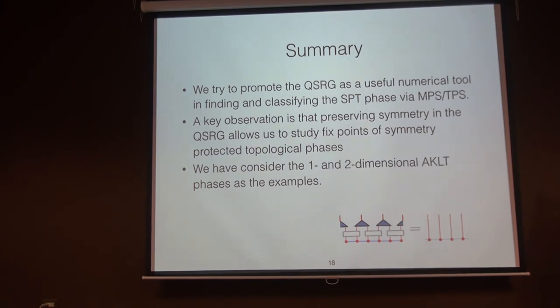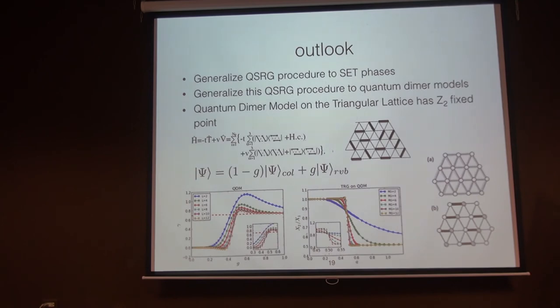We consider the one-dimensional and two-dimensional AKLT phase as an example. In the future, I think we can generalize the quantum state RG to the SET phase, or we can generalize this to the quantum dimer model.